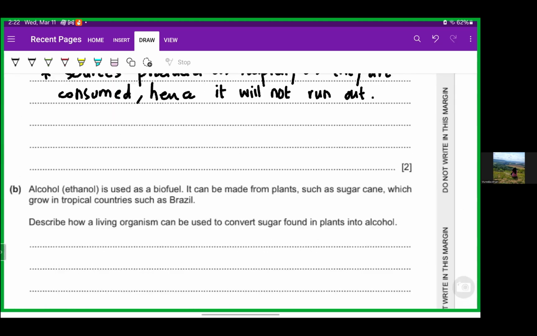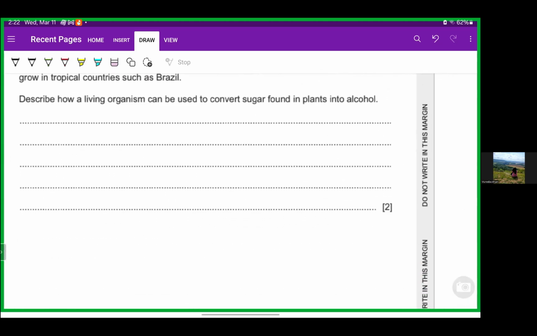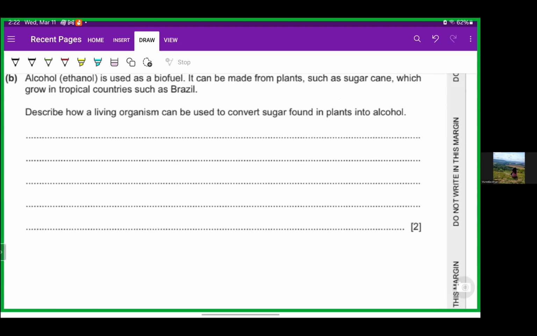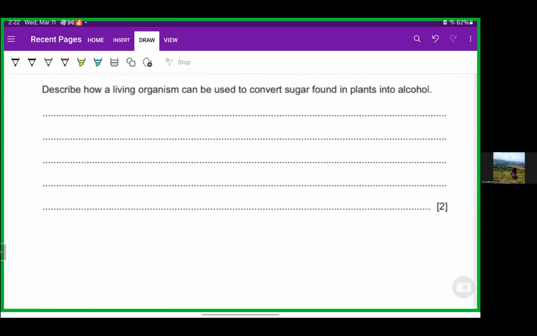Okay. Next question. Alcohol is used as a biofuel. It can be made from plants such as sugarcane, which grow in tropical countries such as Brazil. Describe how a living organism can be used to convert sugar found in the plants into alcohol. So you know that it is usually done by the fungi, which is yeast, and we can use yeast, which will cause the fermentation of the plants to form the alcohol.